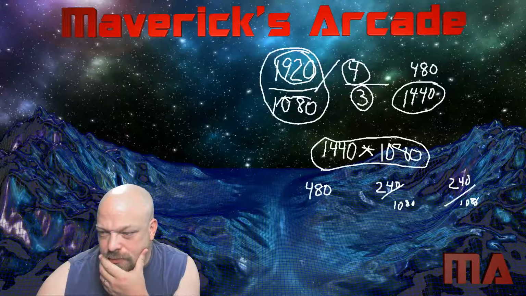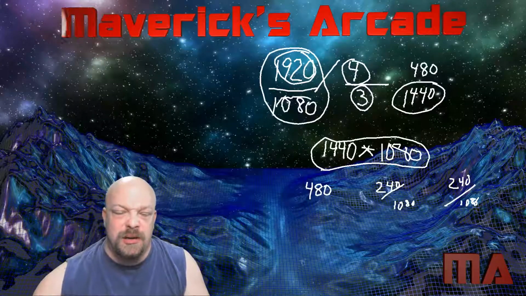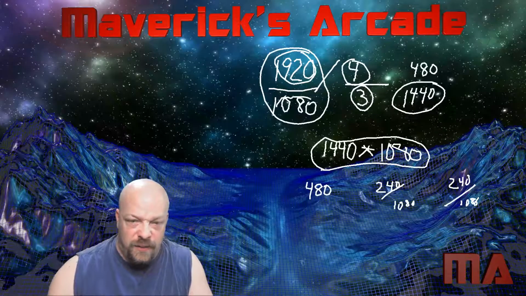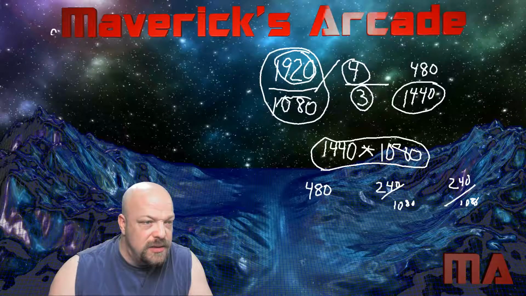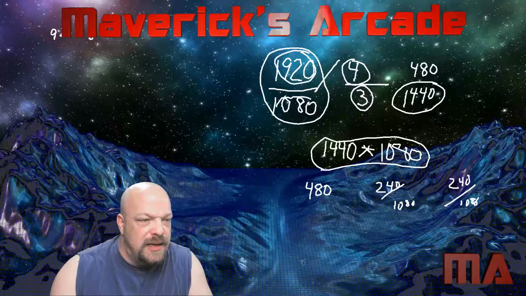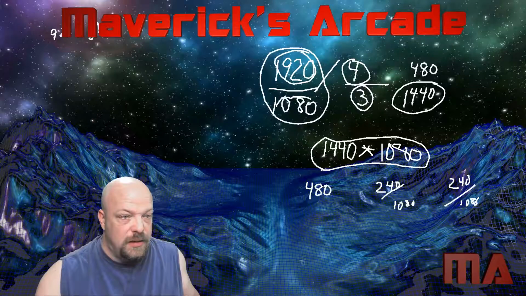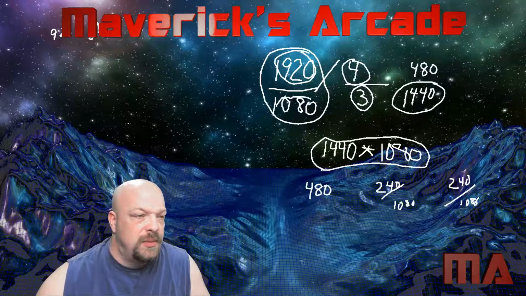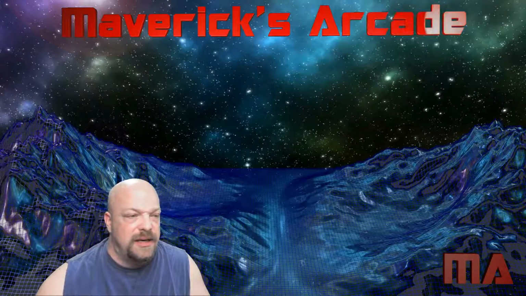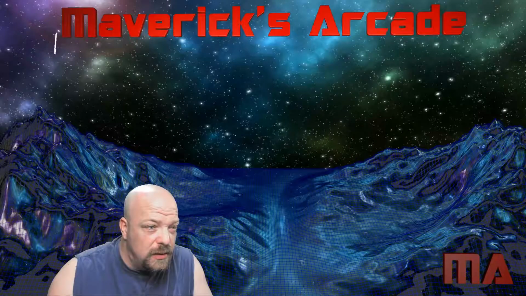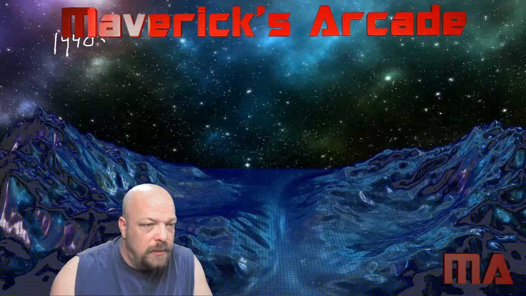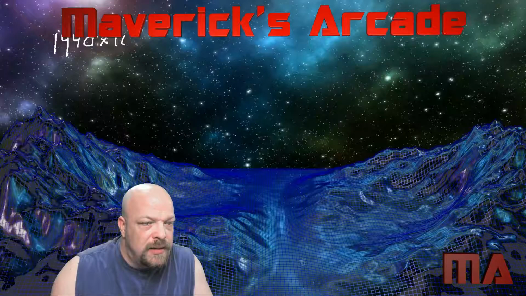So we have our whiteboard here. This is what we were working on before. The key part to remember here is that when we were factoring 4 by 3, the math came out to 1920 by 1080. Point is that when we're considering the HD, it came out to be 1440 by 1080, right?